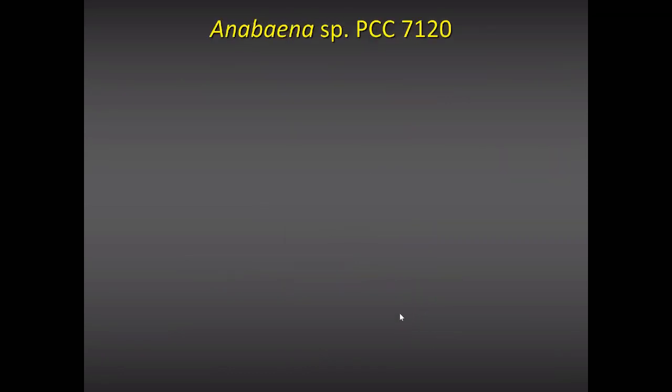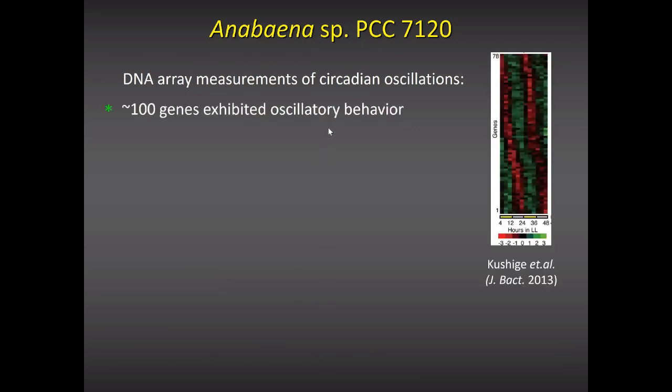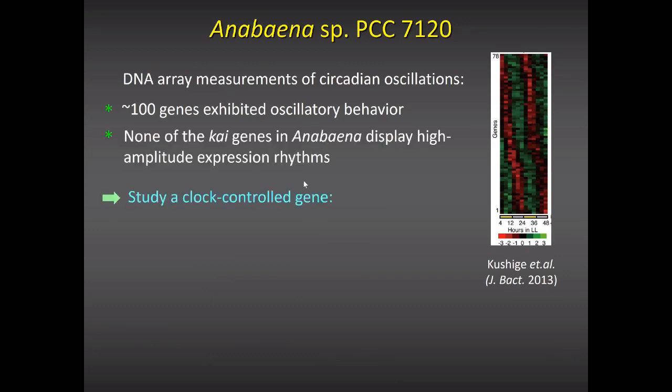Not much is known about circadian clocks in Anabaena. The only study published about circadian clock oscillation was done at the level of bulk measurements by DNA array. They showed that about 100 genes exhibited oscillatory behavior, but none of the Kai genes of Anabaena displayed high amplitude expression rhythms, as opposed to Synechococcus.